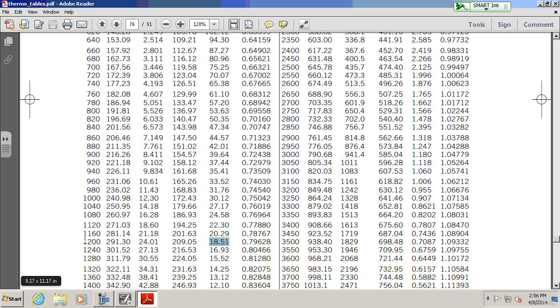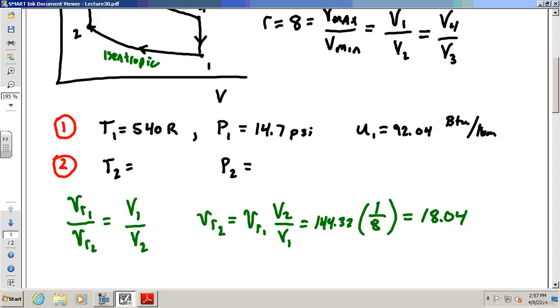And that corresponds to 1,200 Rankine. 1,220 Rankine, so like halfway between 20 and 40. If you interpolate it, you will get a temperature of about 1212 Rankine.